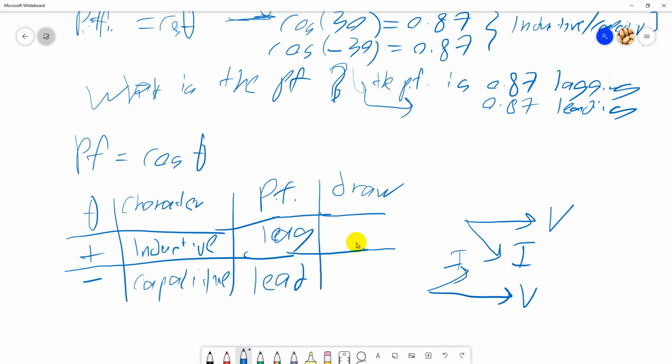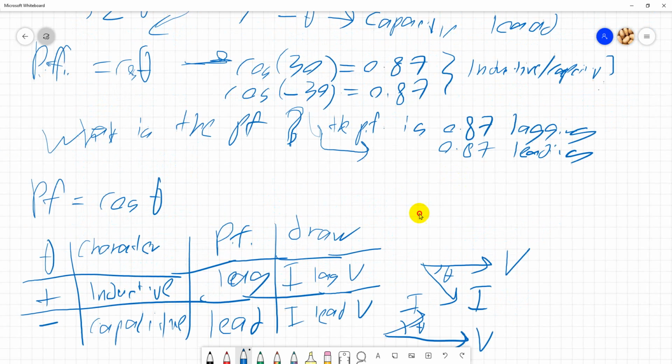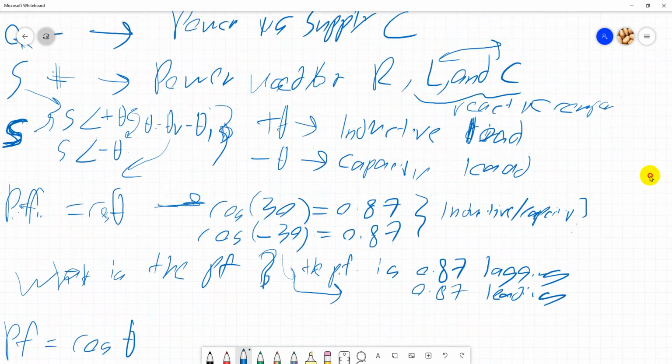So this one is I lags V, and this one is I leads V. When it asks you to draw, make sure you draw it properly. And this is the theta. So this is how you use all this information.